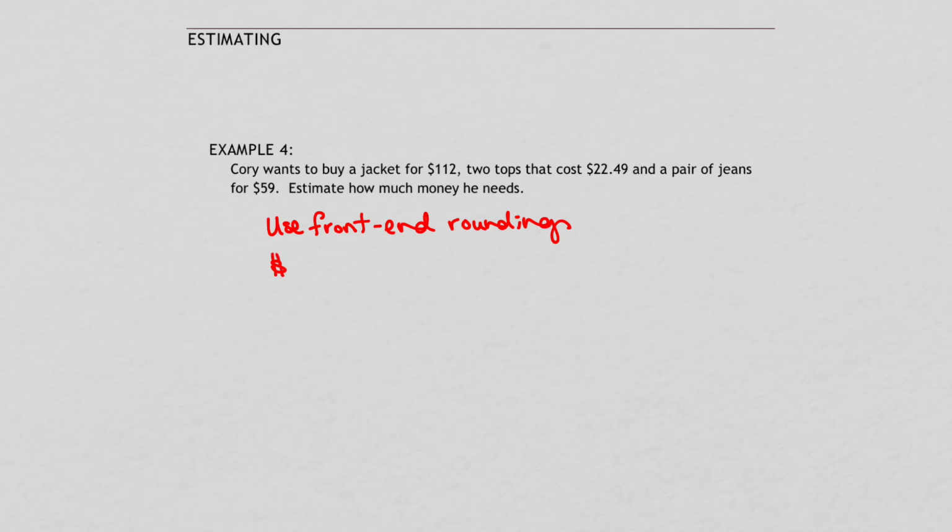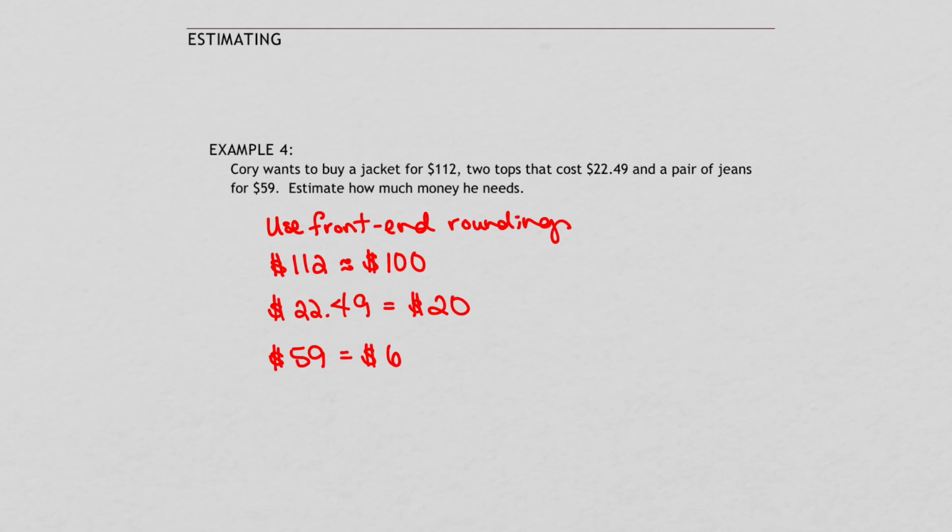So $112 would round to $100. $22.49 would round to $20. And $59 would round to $60.